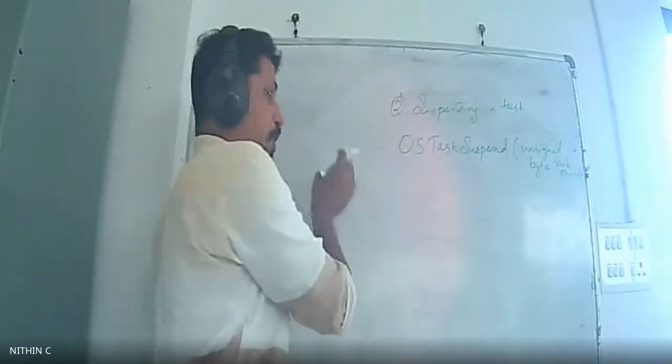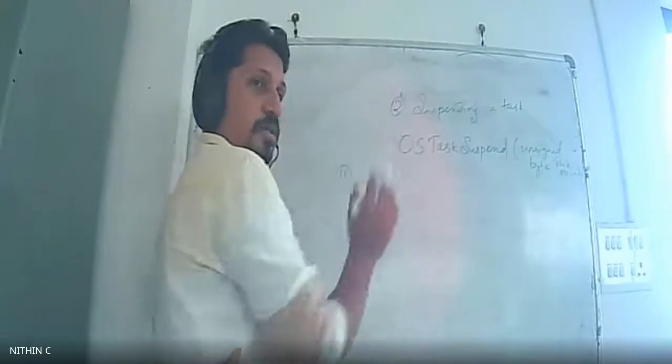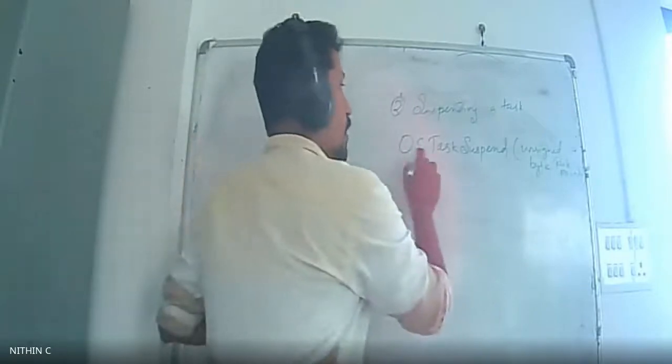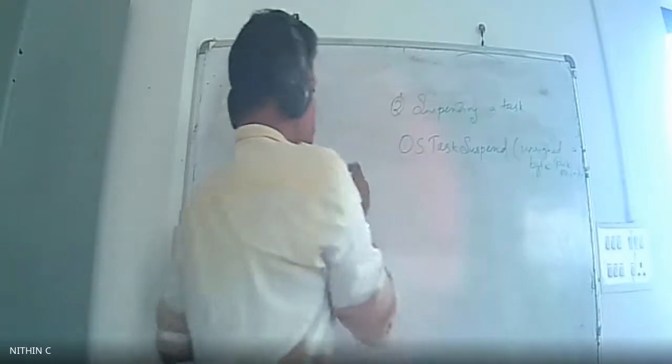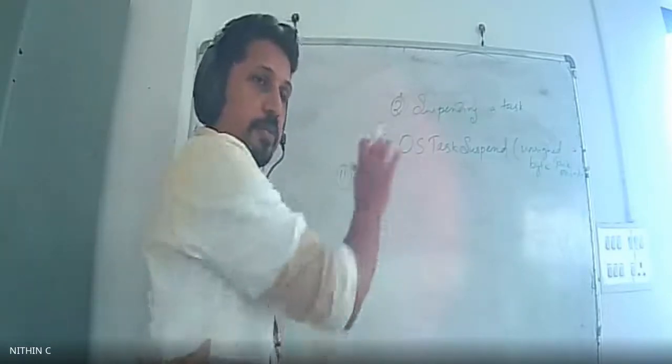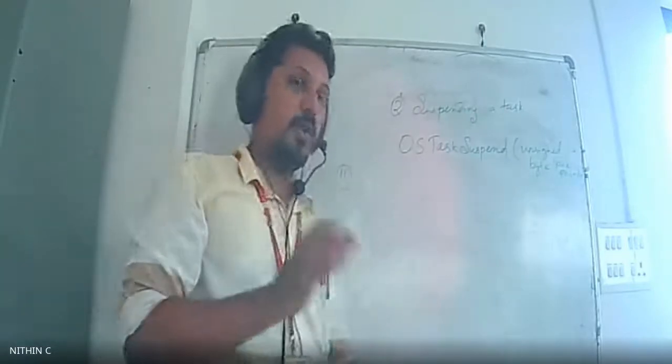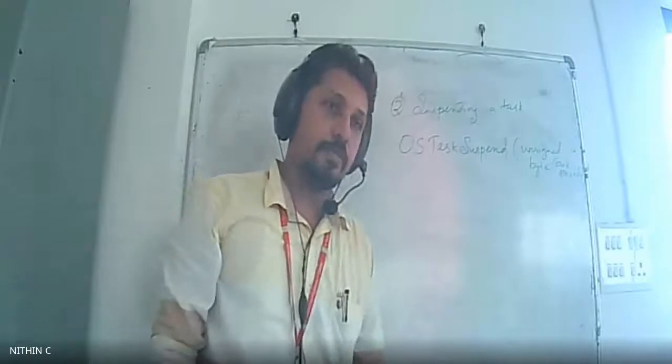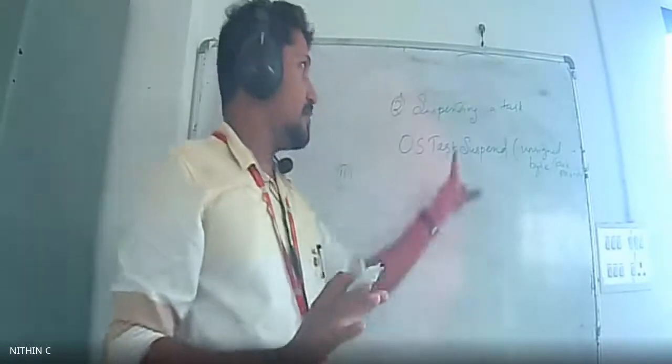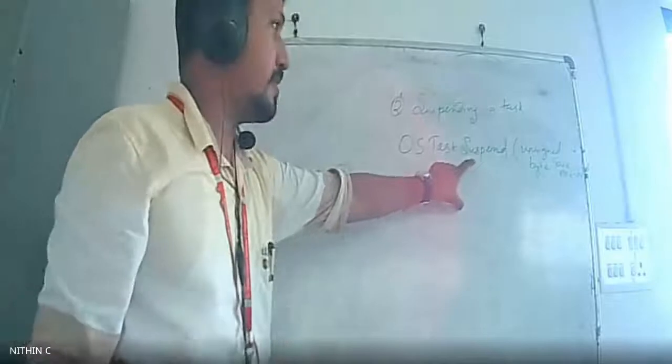If you need to block that task, you use OS task suspend and mention the priority 11 in brackets. Then that particular priority task will be blocked or suspended. This is a simple function.